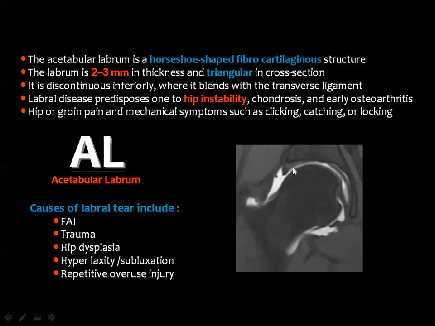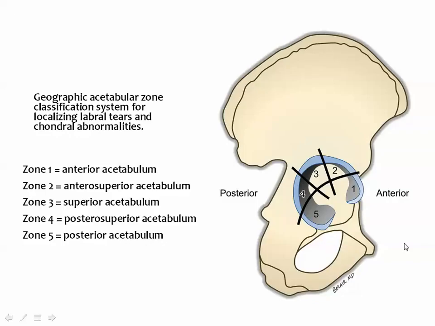This is the normal appearance of the acetabular labrum by hip arthrography, MR arthrography. You see a triangular structure that is of black signal in all pulse sequences, in the T1, T2, T2 star, and STIR images. And this is just a description of the zonal anatomy of the acetabular labrum, dividing it into 5 zones.